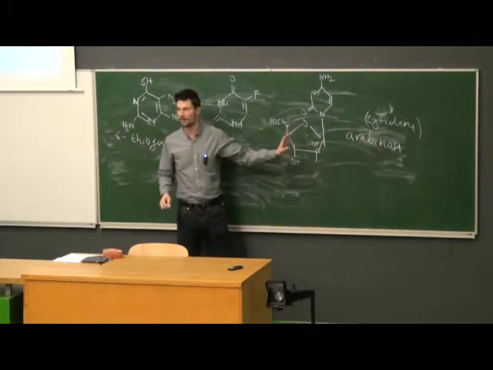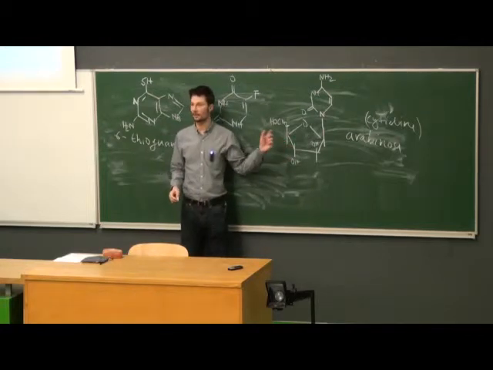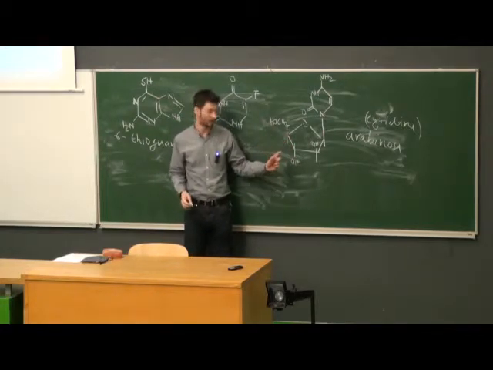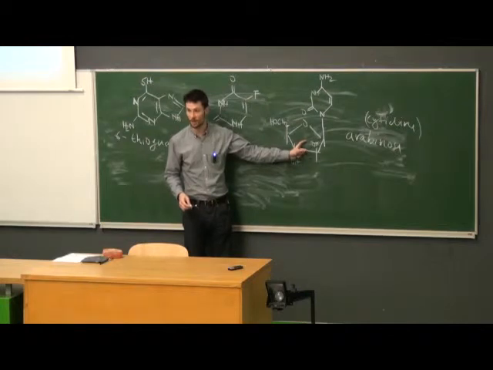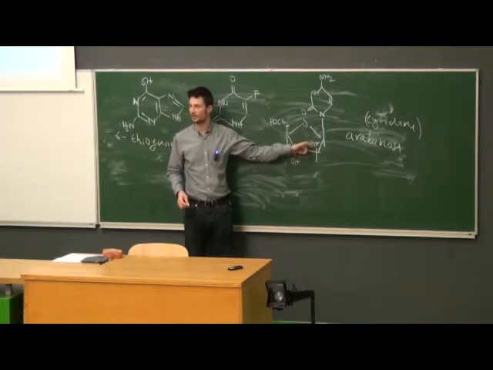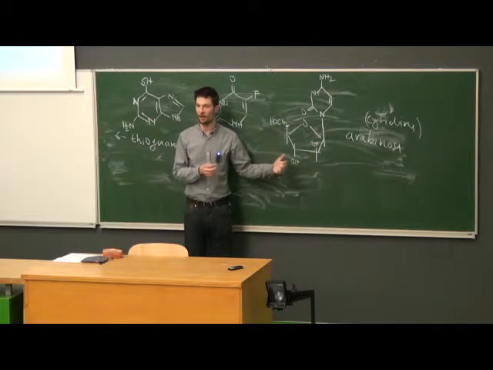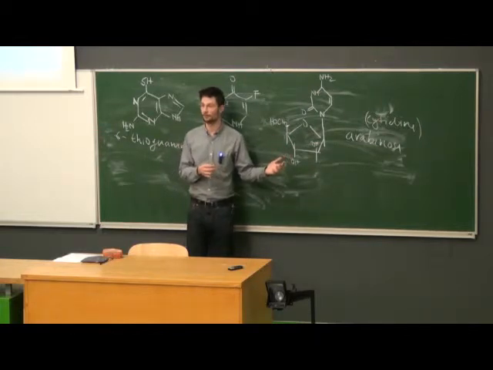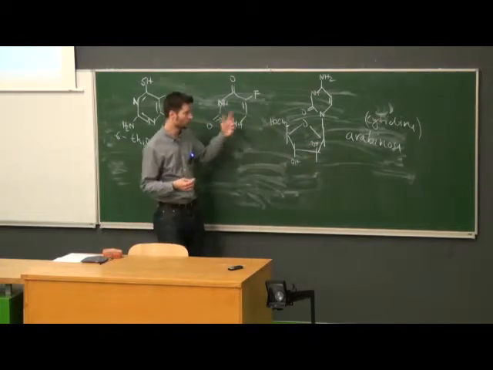Which is not that important that it's Arabinose. But the difference between Arabinose and ribose is that this OH in ribose is here. That's the only difference. So this OH group has just the opposite configuration, and that makes it stop being ribose and become Arabinose.